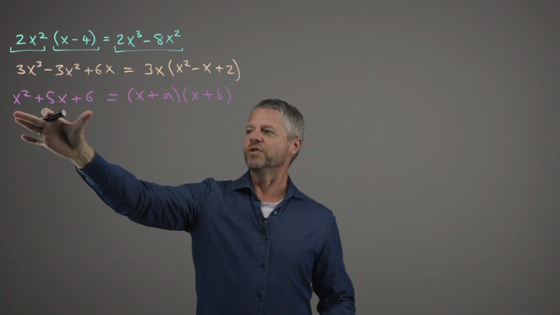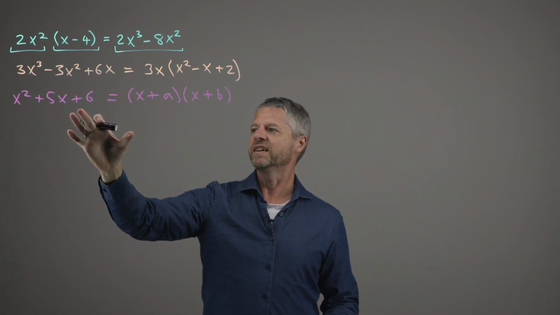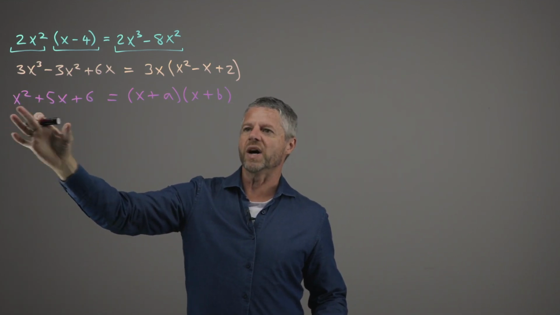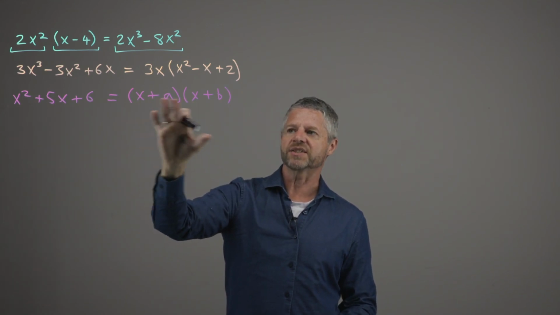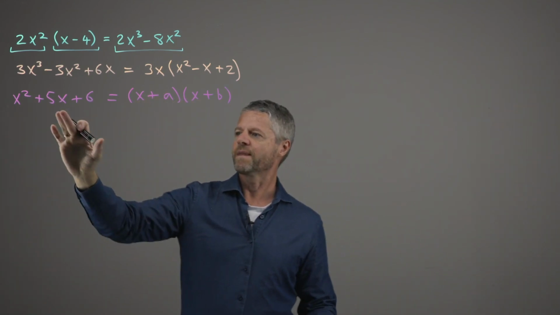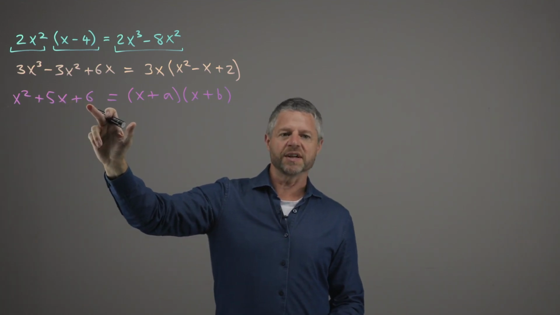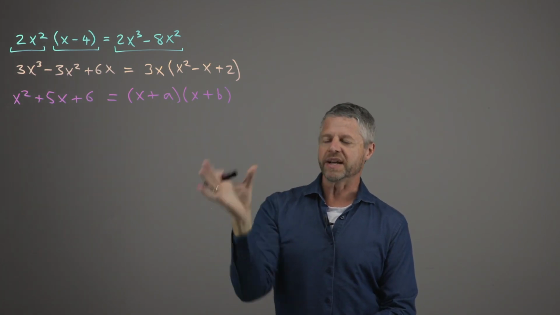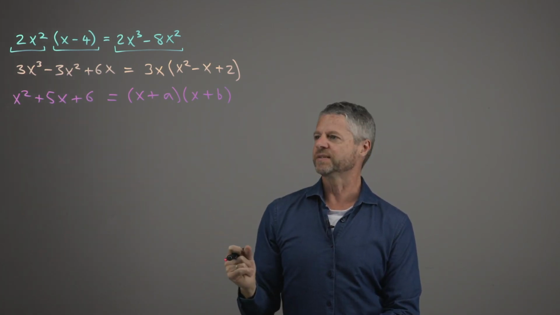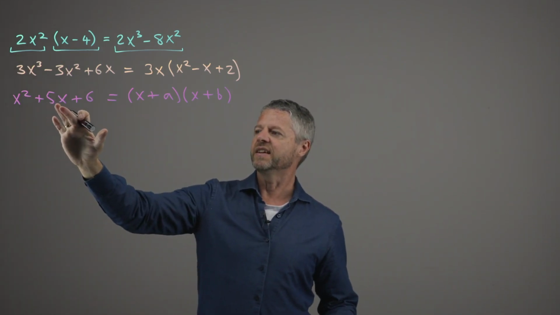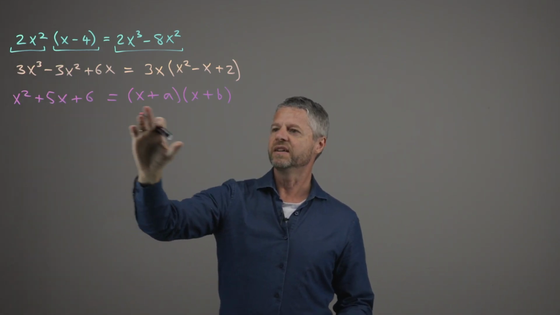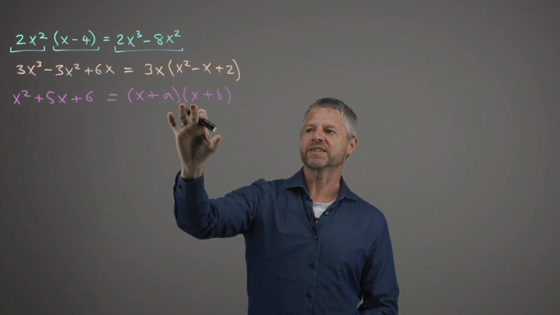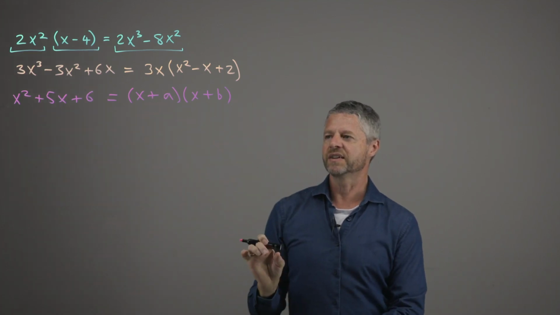If we look at the form of this quadratic, the coefficient for x squared is just 1, so that's going to work out here because I've got x times x. If I look at the constant term, that's going to come from multiplying a and b, so a and b are going to have to multiply to get 6. As far as the x term, if I think about the two factors here, I'm going to have a times x and also b times x.